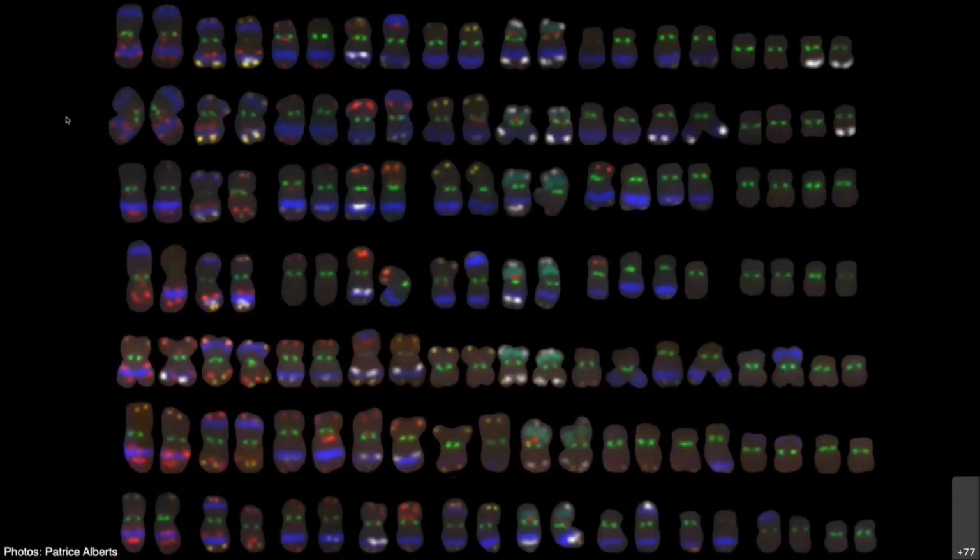Each row here is a different individual of teosinte, the wild relative of maize, showing both copies of each of the 10 chromosomes of maize. And you can really see the impressive diversity, not just heterozygosity within an individual, but diversity among individuals. We actually have representatives here of multiple different populations. So there's really a tremendous amount of genetic diversity in maize as well.